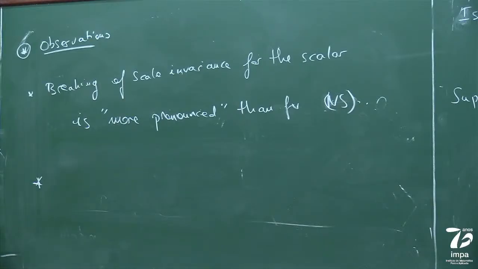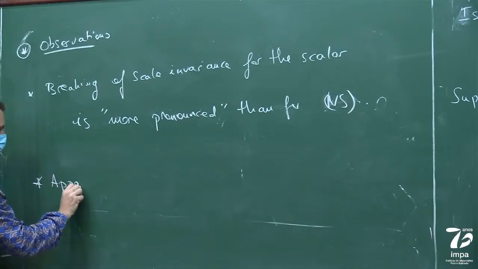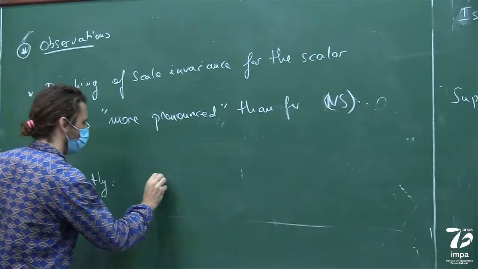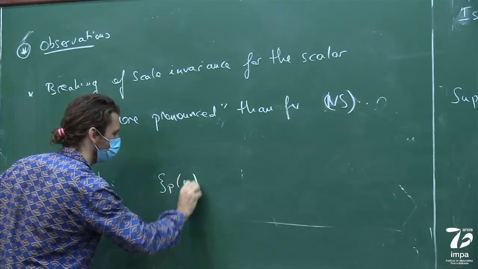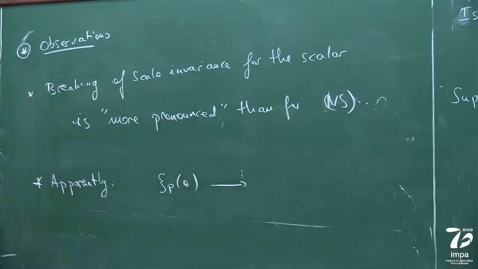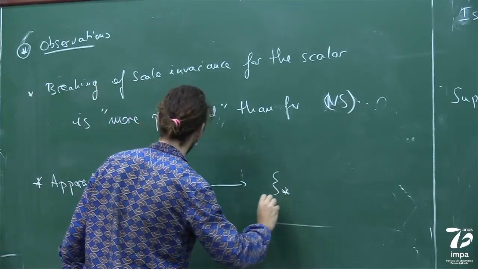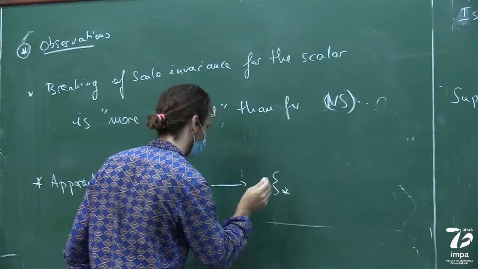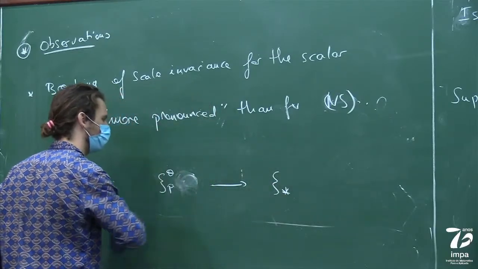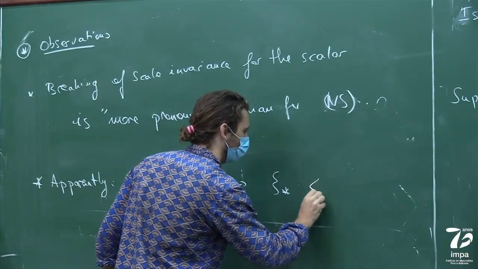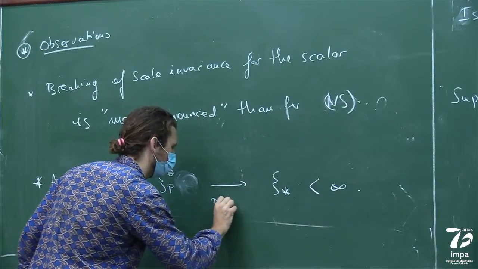And in particular, one can realize that apparently it may be conceived that psi p of theta goes to a certain value, say psi star, which is finite as p goes to infinity.